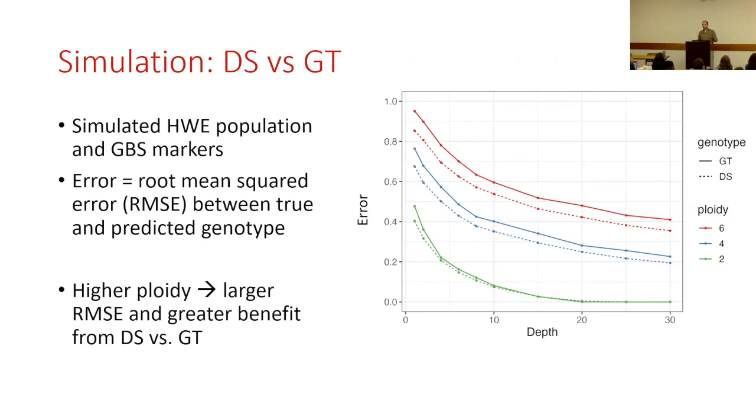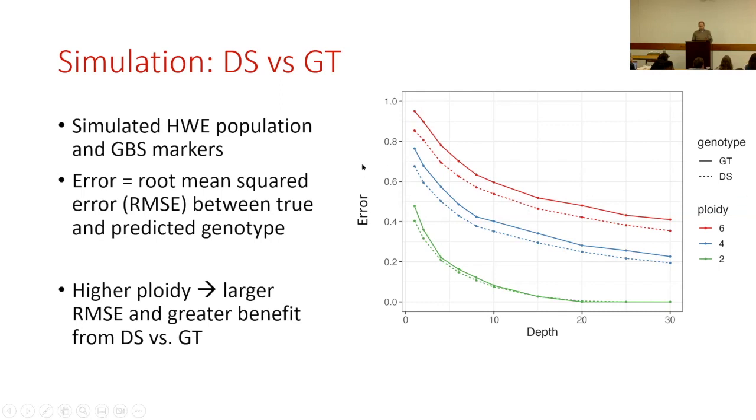So here's a simulation to show quantitatively what some of the benefit is of using, let's say, DS instead of GT if you're trying to make these predictions about genotype. It's a population in Hardy-Weinberg equilibrium. I'm simulating sequencing data, simulating read count data based on some real data I have from a targeted amplicon sequencing panel, to figure out what's a reasonable assumption about the distribution of depth and whatnot.